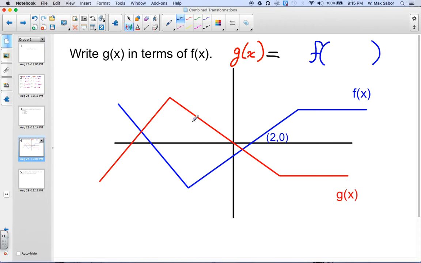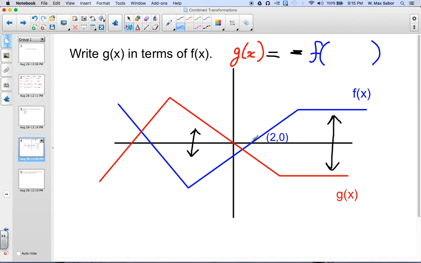So there's clearly a reflection going on here. These two things are switching places across the x-axis. Whenever two things are exchanging places across the x-axis, that's changing the y-coordinates. Changing the y-coordinates would be outside the function. And reflections are negatives, so that's why I'm going to write negative f of something.